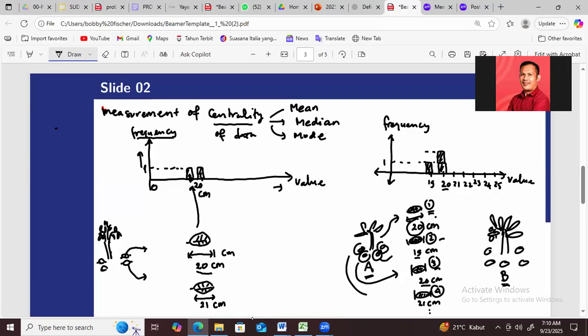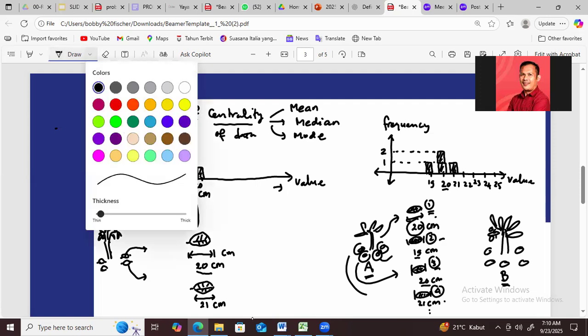So there are 2 occurrences of the leaf which has length 20 centimeter. So this is 2. And then the third one is 21 centimeter. So you have this one here. Okay. So this is the data from leaf A.